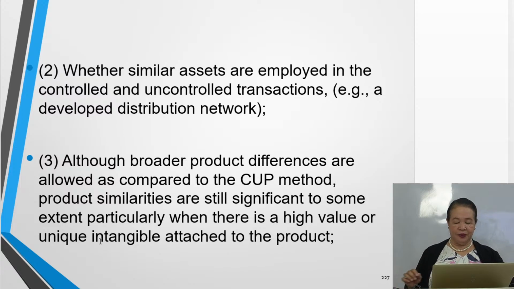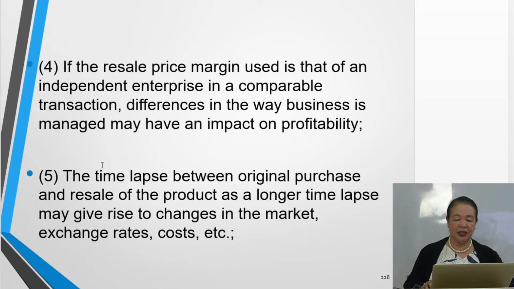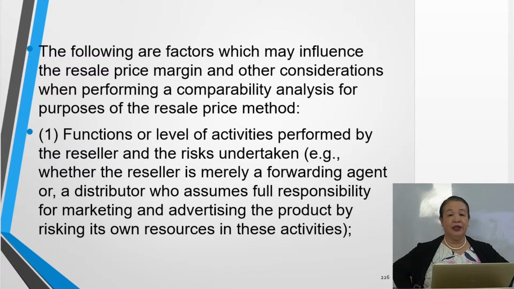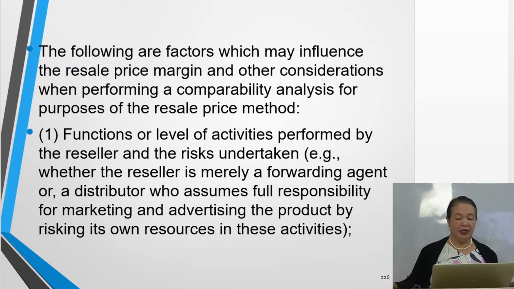So, anong gagawin natin dito sa comparability? Ano yung unang comparability factors natin or paano tayo mag-compare? Number 1, we compare the functions or level of activities performed by the reseller and the risk undertaken, no? So, the functions or level of activities, we have to see to it kung nakaka-affect ba yan dito sa comparability, no?